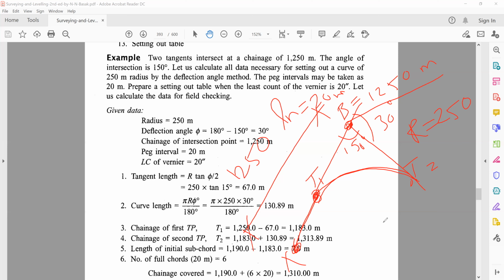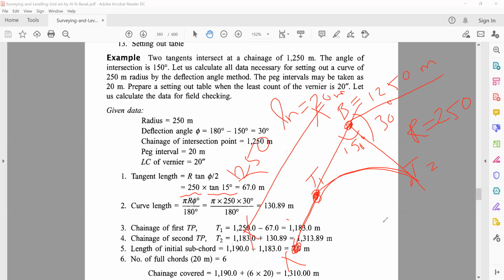Now, we want to find out from the point X, what is the distance to the point T1. So if we subtract from this distance BT1, which is the tangent length, we can find the chainage of the point T1. If you remember, the equation for the tangent length is R tan phi by 2. The radius is 250 and the angle of deflection phi was 30, so phi by 2 becomes 15.